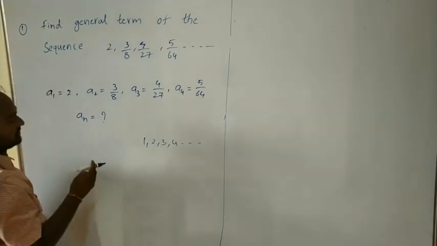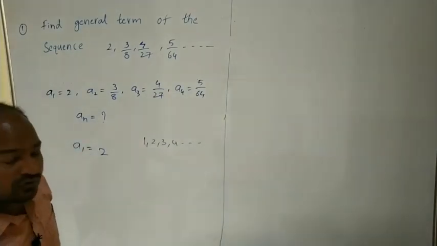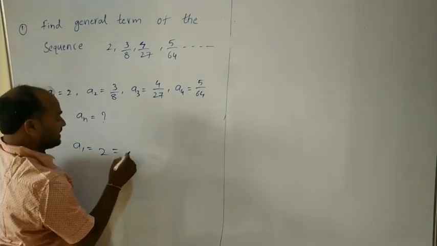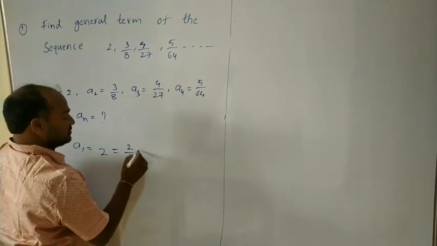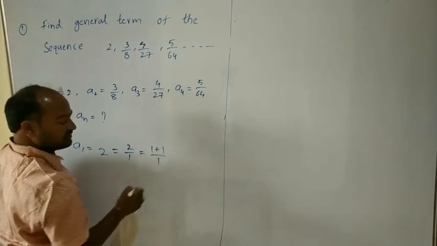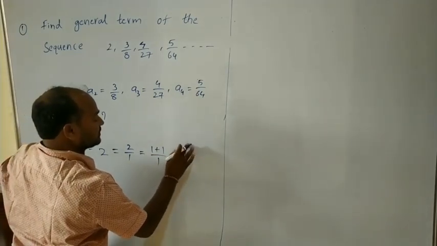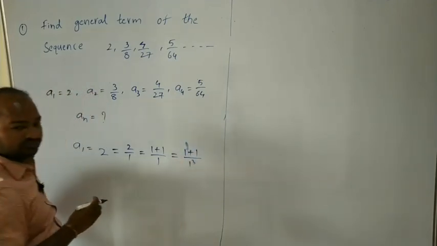So here we have a1 is equal to 2. 2 can be written as 2 by 1. So 2 by 1 can be written as 1 plus 1 by 1 cube.